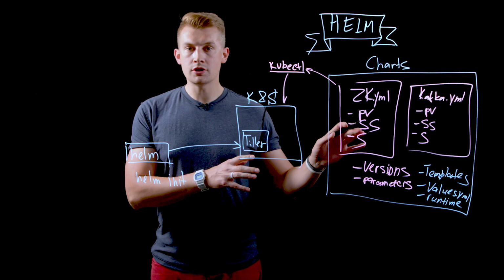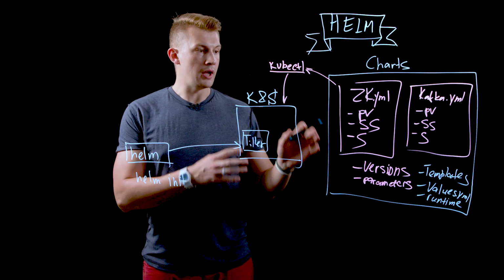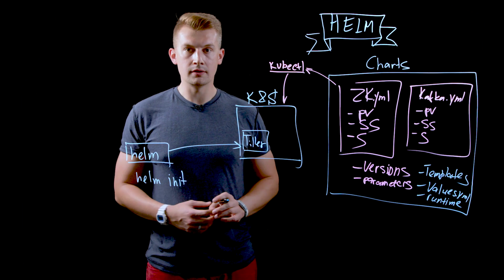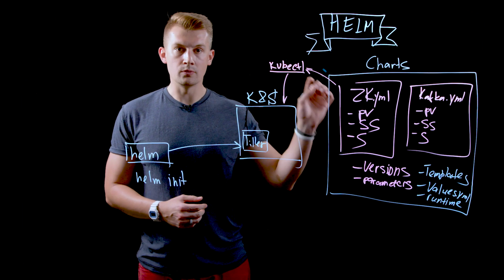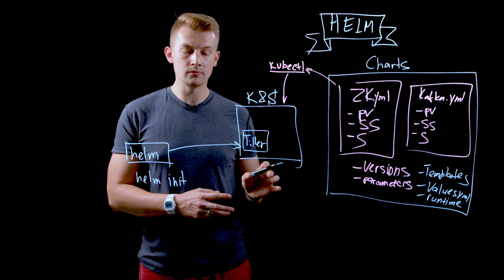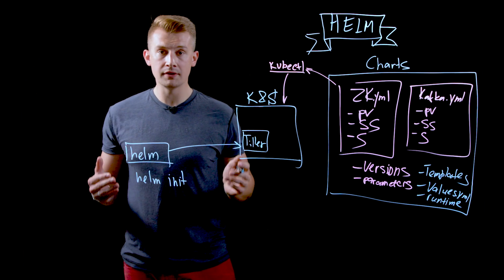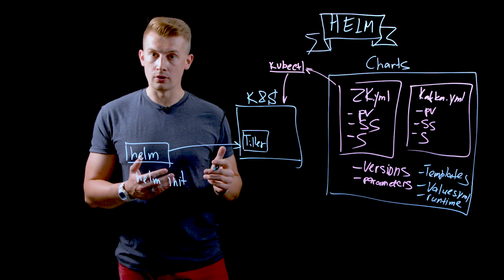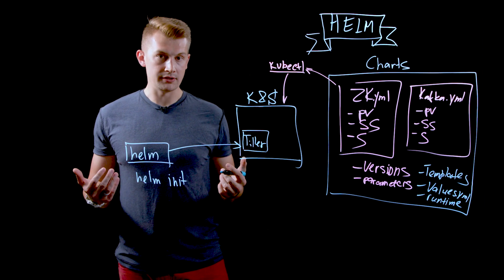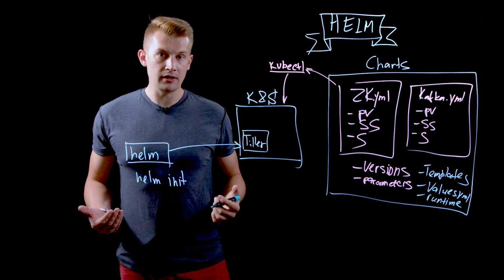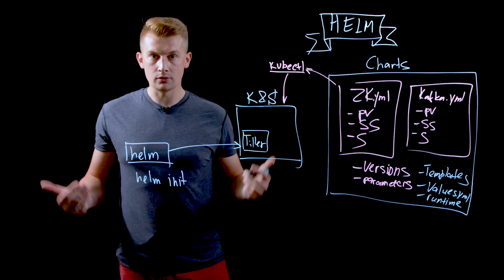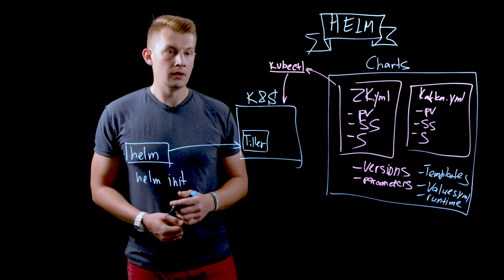So you turn your deployment manifest into Helm charts. You provide templates in the places where you want to customize at runtime. And after that, you do helm install and provide a name for this release. If you're not specifying a name for this release, a name will be automatically generated for you.